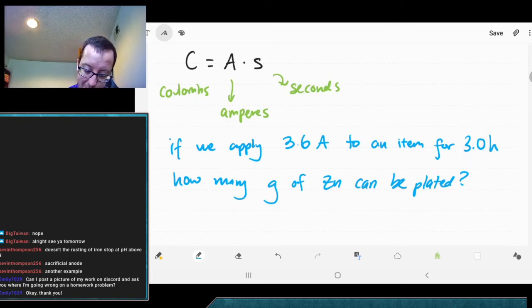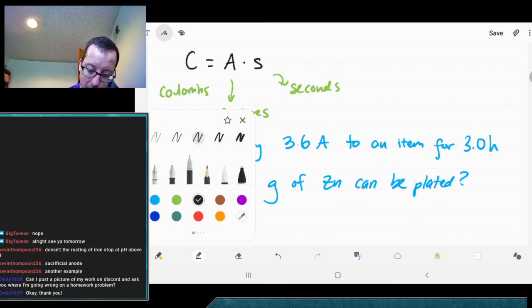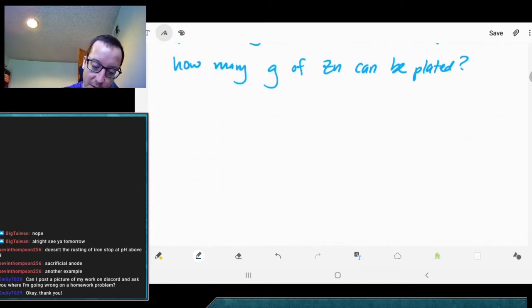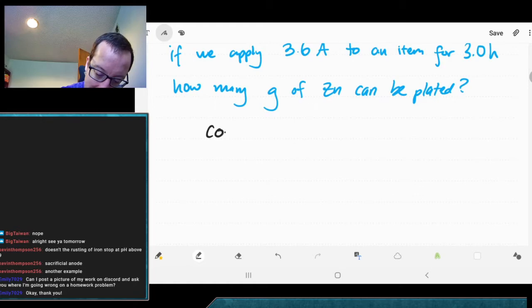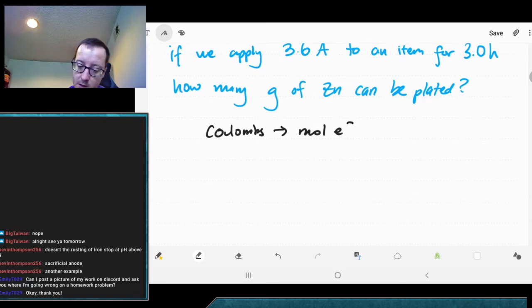By using this, remember, we're going to be able to go from coulombs to moles of electrons. We can go from moles of electrons to moles of zinc, right? Just using the reaction coefficients.